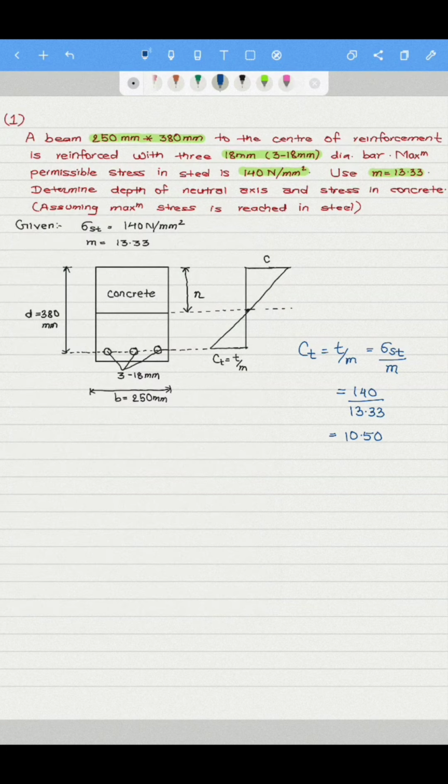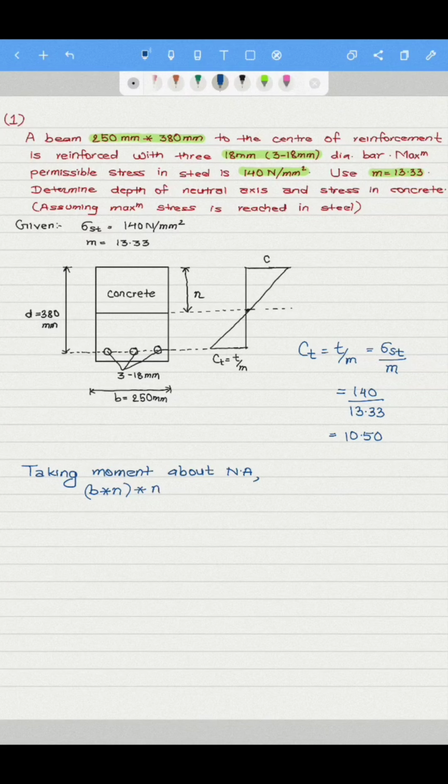Now taking the moment about neutral axis, we'll be just dealing with this portion. The width of the concrete here is B. So we can write B into the area, B into N, into what will be the depth here?